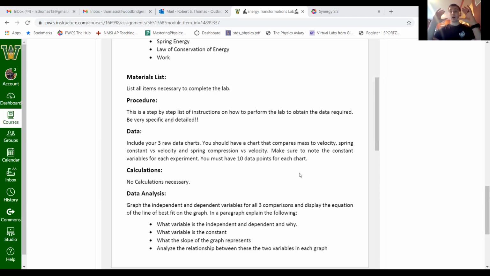Last thing, spring displacement versus velocity data, spring displacement versus velocity graph, a paragraph explaining the data, independent, dependent, and relationship. So that is your whole data section. There is no calculations because you're just analyzing data. Okay, I've literally given you the answers. So please make sure you have all those sections. Rewatch this 10,000 times until you make sure you have all of it.